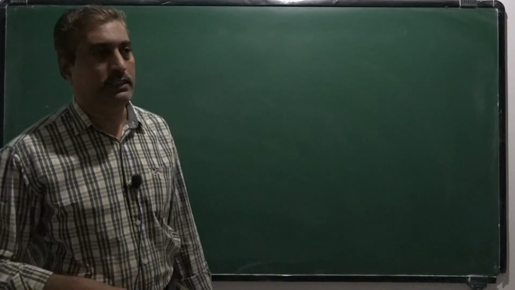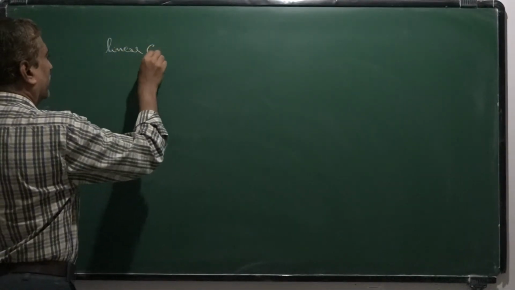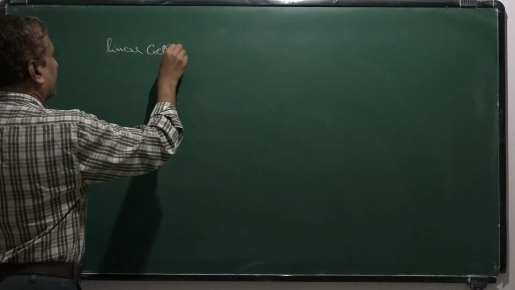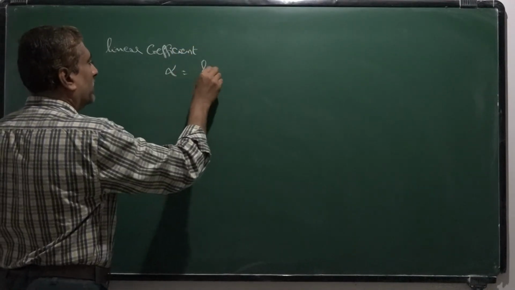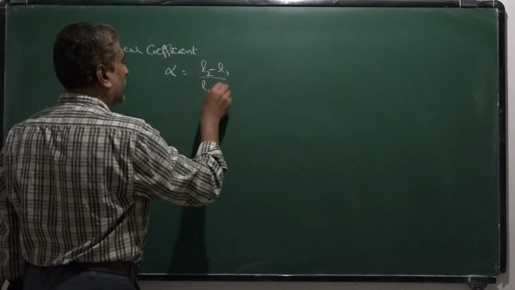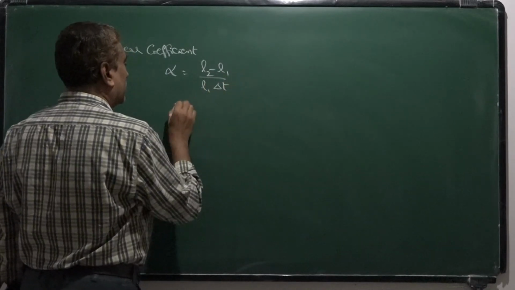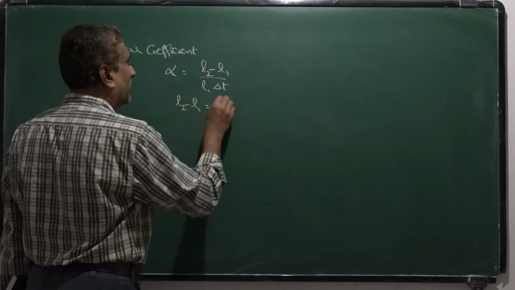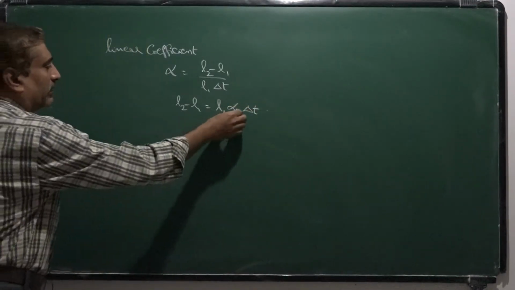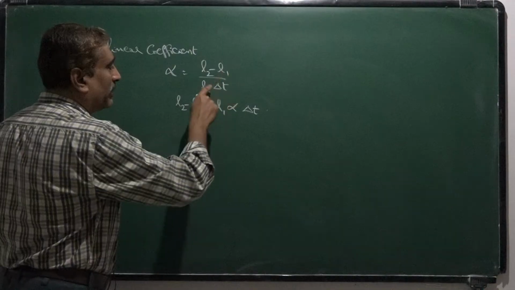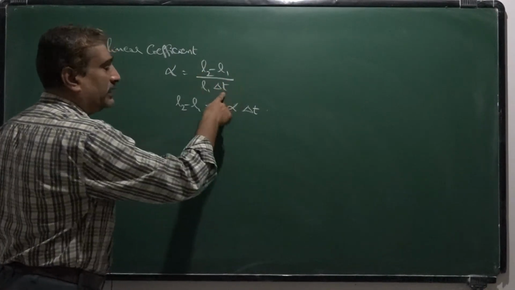When we consider a solid body like a cube, its length, area and volume all three increase. Okay. So we define the linear coefficient of expansion, alpha, as L2 minus L1 by L1 delta T. So remember this formula. So increase in length is equal to L1 alpha delta T, where alpha is the increase in length per unit length per 1 degree rise in temperature.